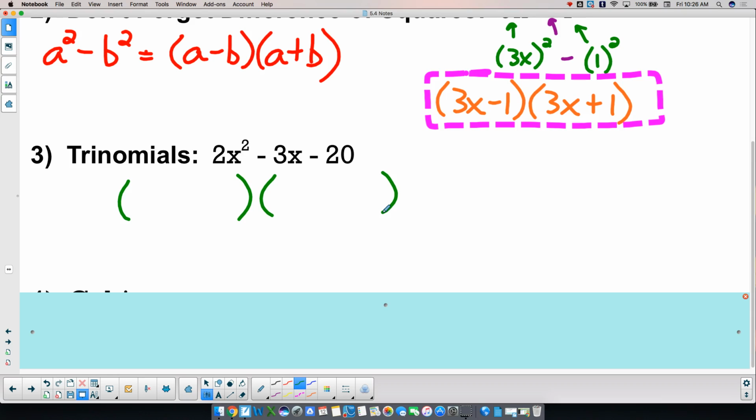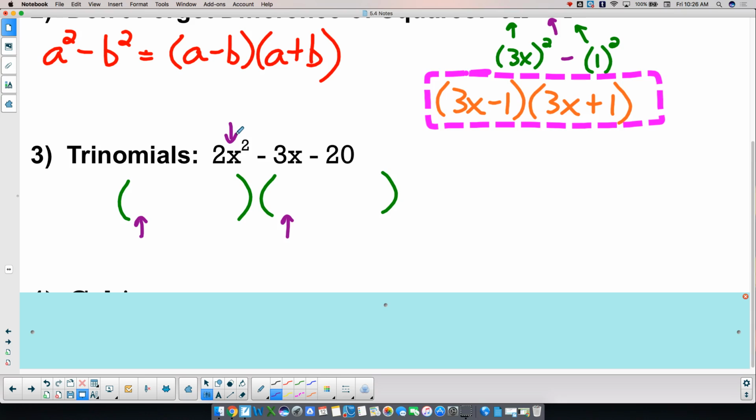The first 2, here and here, multiply together to be that one. So, what multiplies together to be 2x squared? 2x and 1x.